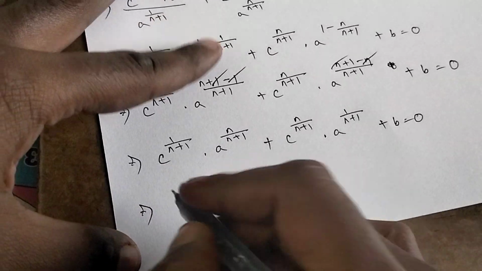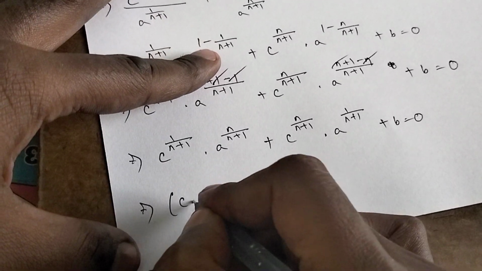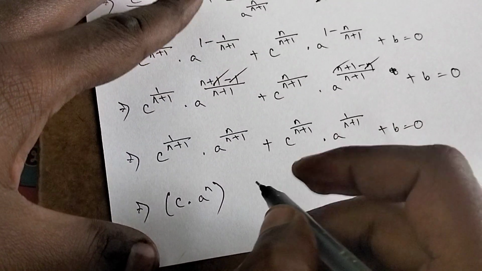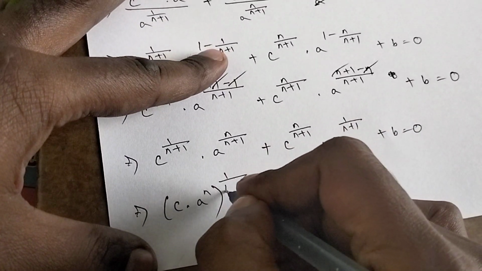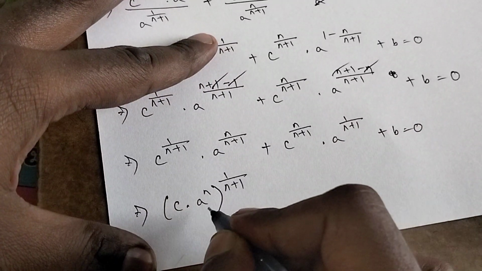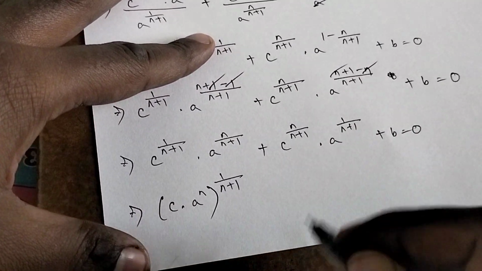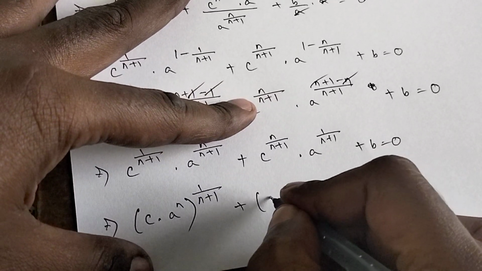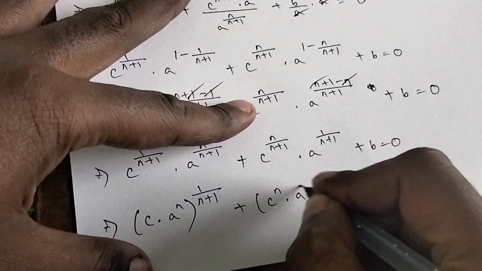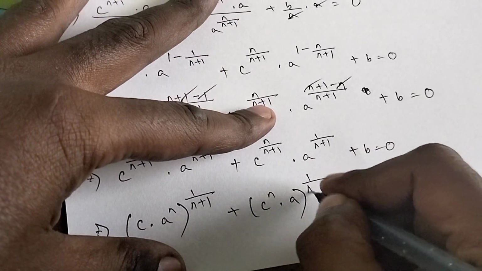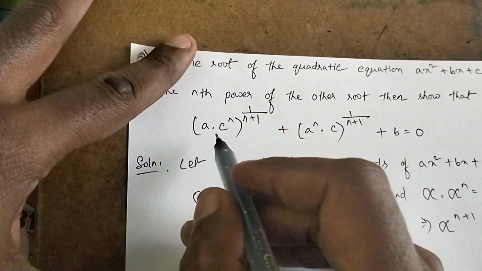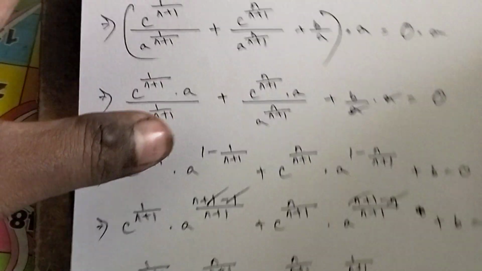We can write like this: c into a to the power n, whole to the power 1 by n plus 1, plus c to the power n into a, whole to the power 1 by n plus 1, plus b is equal to 0. But we have to prove a into c to the power n.